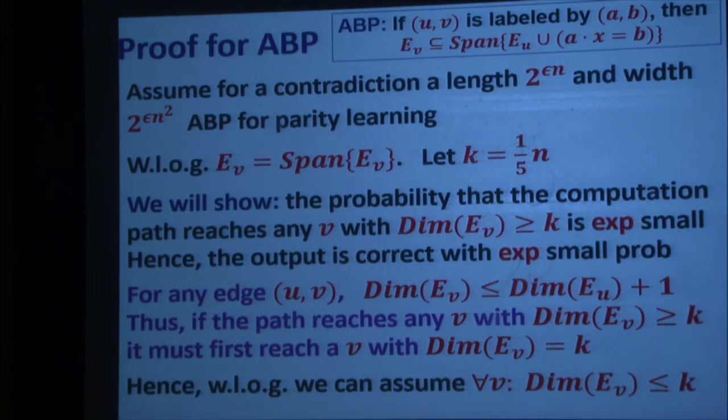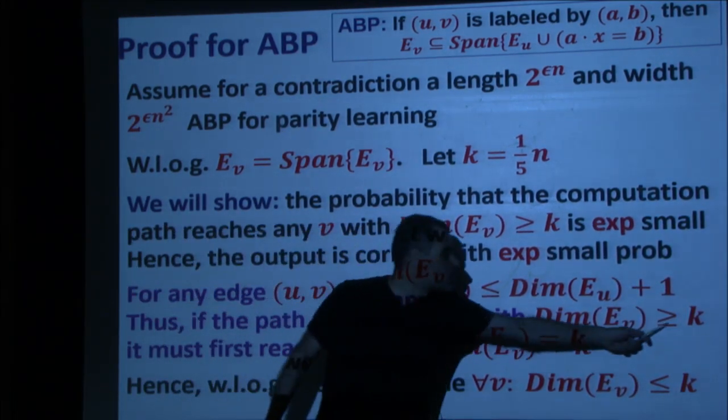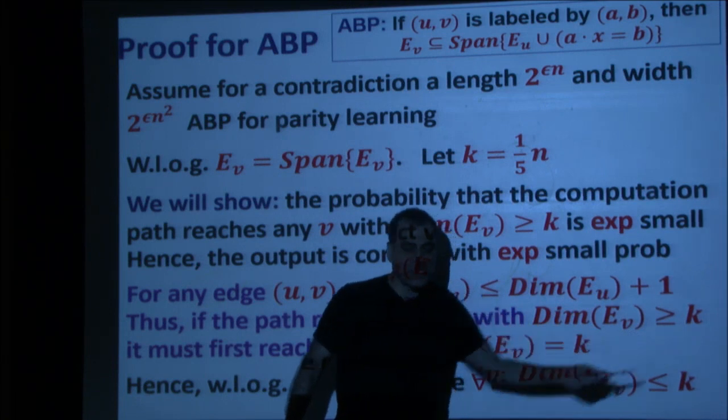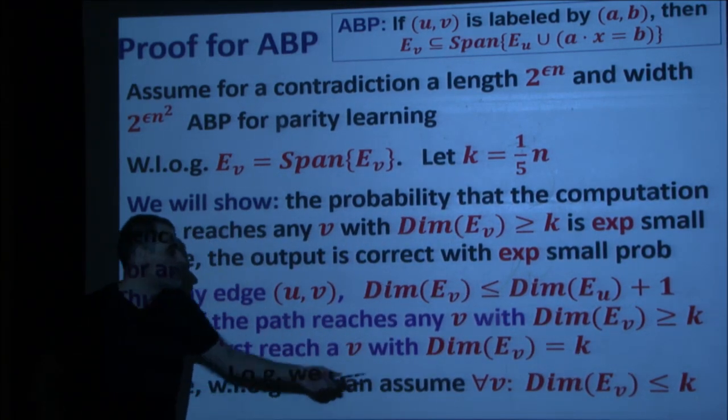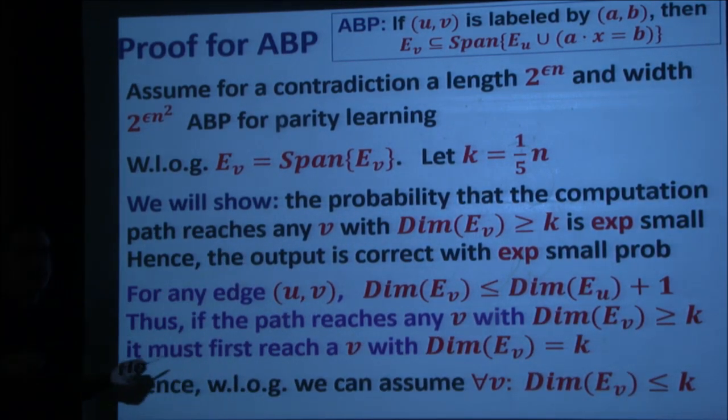And therefore, to reach V with dimension larger than K, I must first reach V with dimension exactly K, and then I can stop.